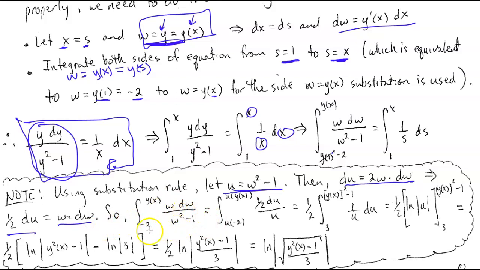Okay. So that means I can take this situation here and rewrite everything in terms of u. So of course, all of this is just going to be 1/2 of du over u. And my limits of integration now, instead of being in terms of s, are going to be in terms of u. So I'm taking these values and plugging them into my u function.